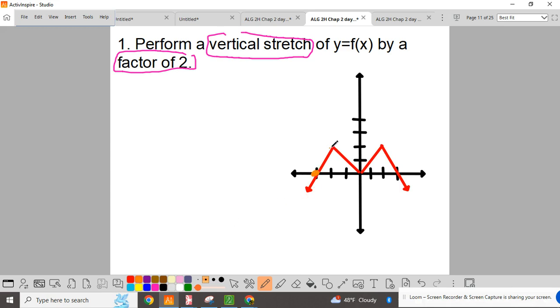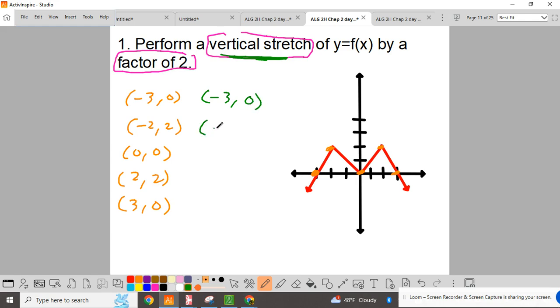So I have this point, that point, the orange points. The orange points are negative 3, 0, negative 2, 2, 0, 0, 2, 2, and 3, 0. Remember, I'm going to multiply the y coordinate by 2 because of the vertical stretch.